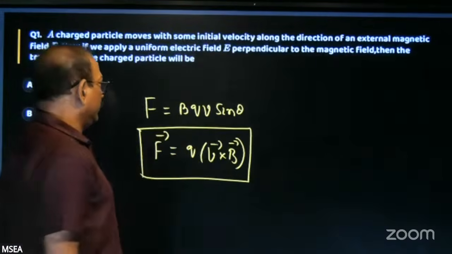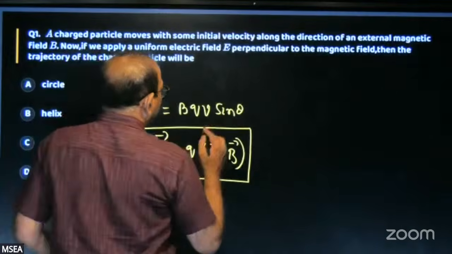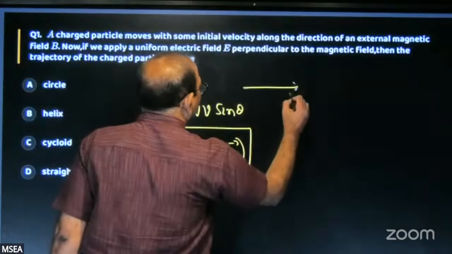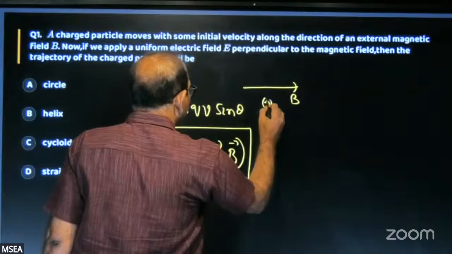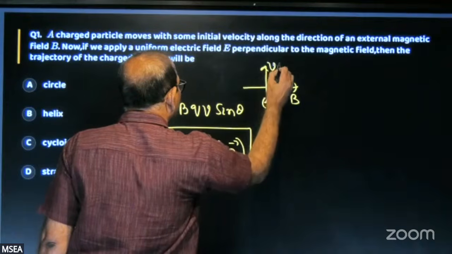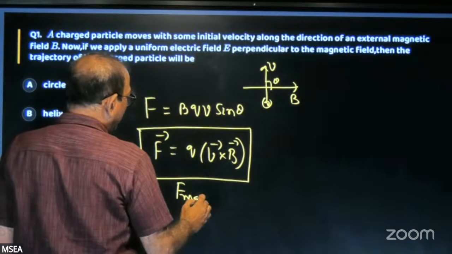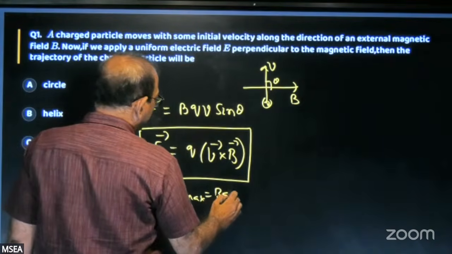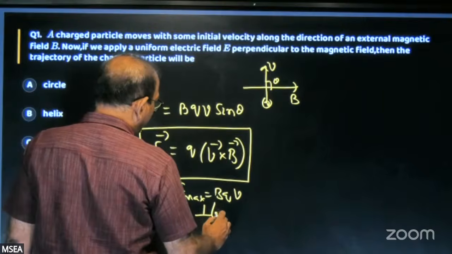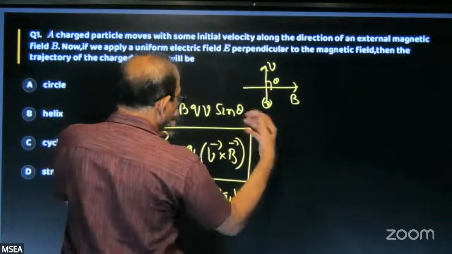The force is maximum when the charged particle moves perpendicular to the magnetic field, and that maximum force is BQV. This force always acts perpendicular to the plane.